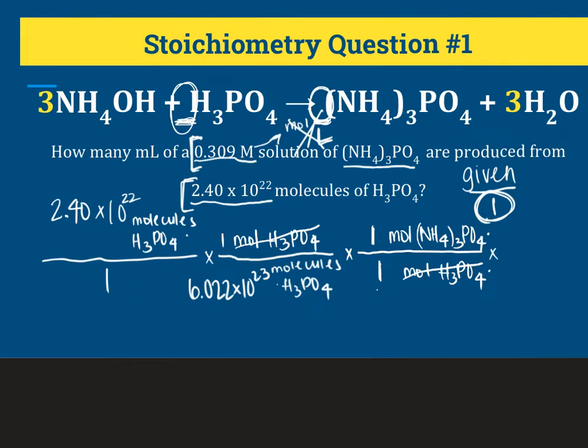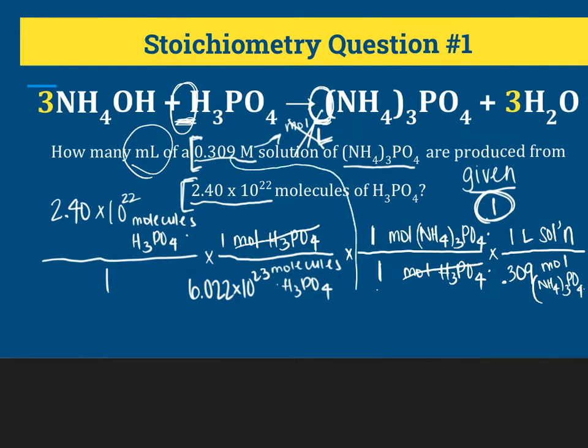and we're trying to get, it's saying how many milliliters. So this is where we can use our molarity, and we will write that 0.309 moles of (NH4)3PO4 are in 1 liter of that solution. Because remember, when we have something, I'm going to go ahead and draw this down here.